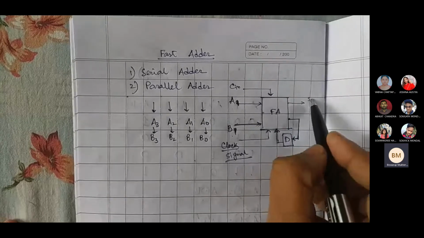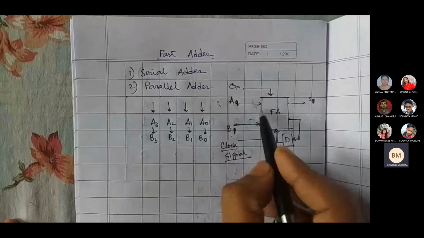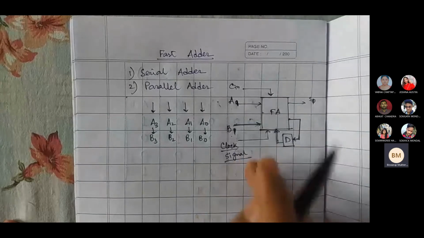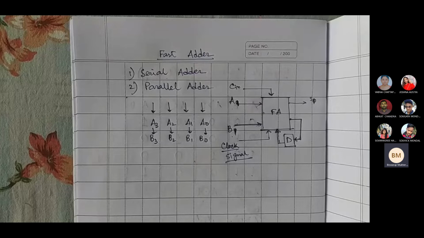Again we get S1, and C1 will be held up and added again when A2, B2 comes, and so on. That means there we require only one full adder circuit along with some extra circuitry for such serial addition.